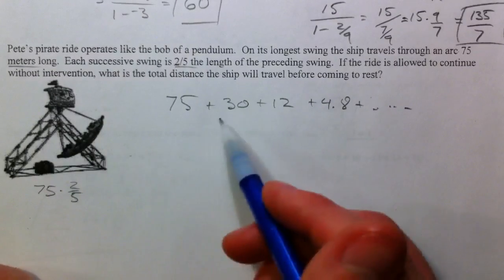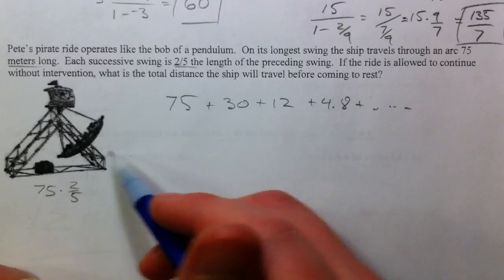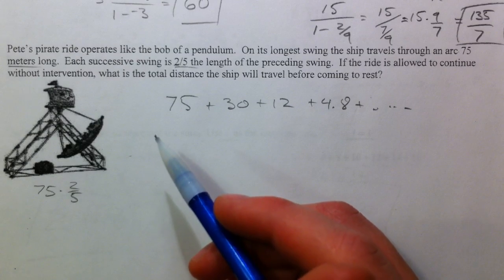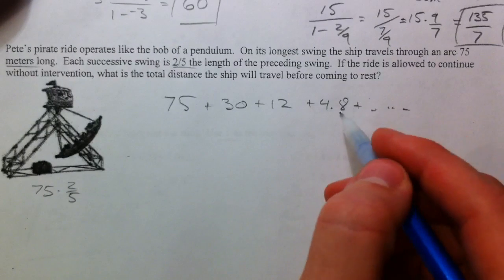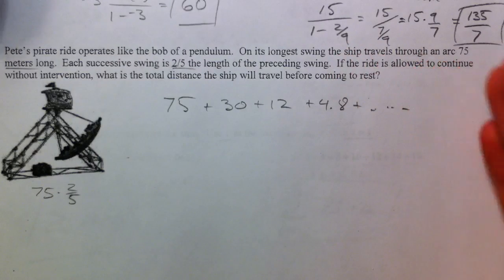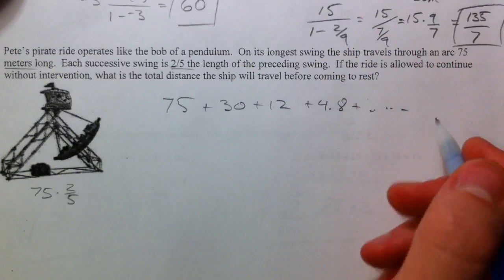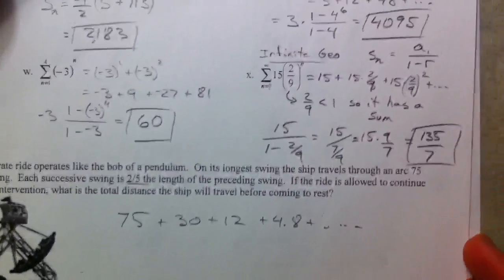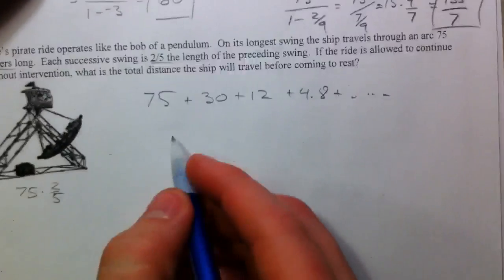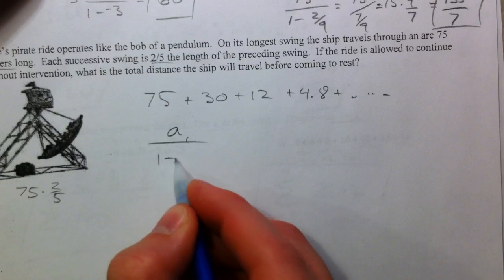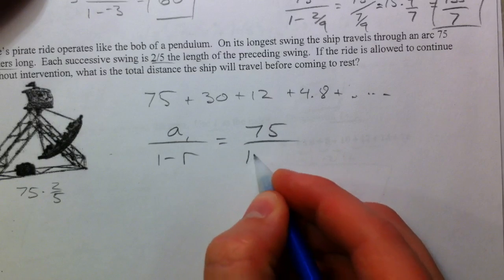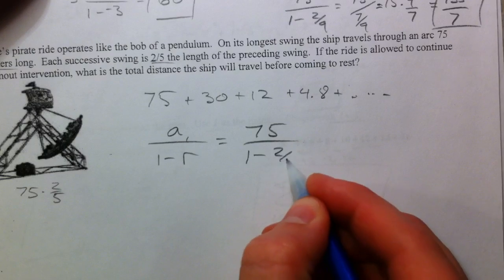So if it continues to swing back and forth, and assuming it didn't have a brake on it, just some friction involved, assuming that it never ever stops swinging, it's going to swing infinitely long. And so this is going to keep going, and we're going to use that same sum equation that we used up here. So a sub 1 over 1 minus r, our 75 over 1 minus our 2/5.